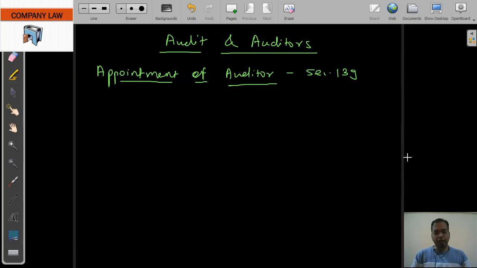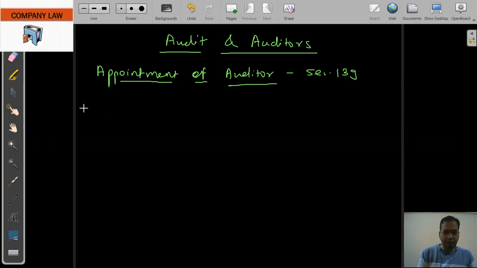The auditor shall hold office from the conclusion of the first AGM till the conclusion of its 6th AGM, and thereafter till the conclusion of every 6th AGM. Now we'll try to understand how the auditors get appointed, and then the requirements.